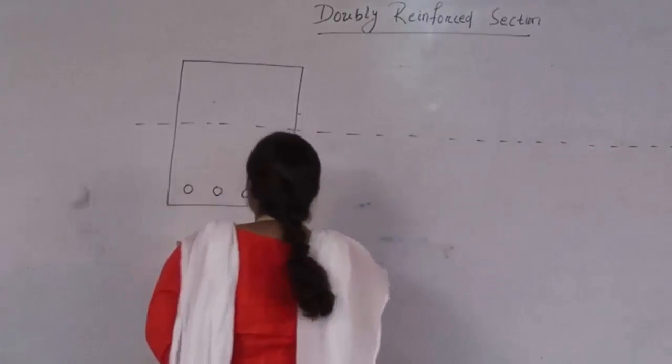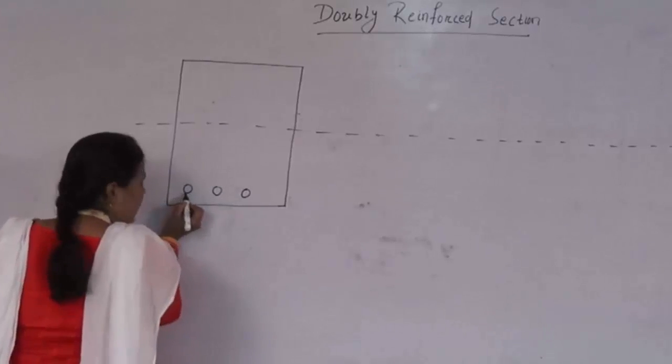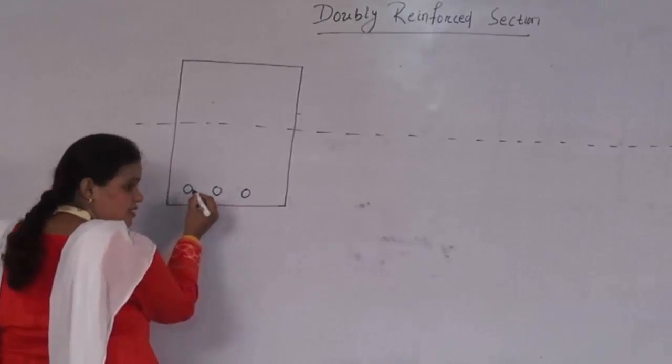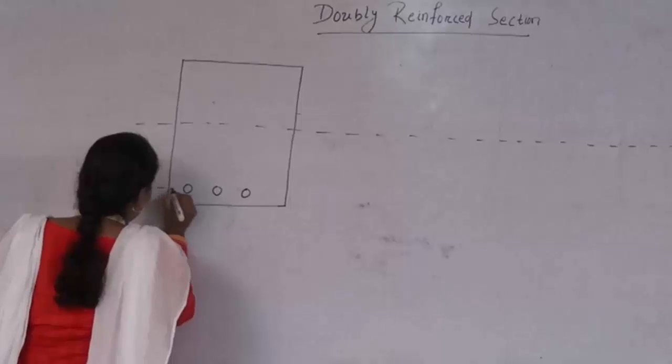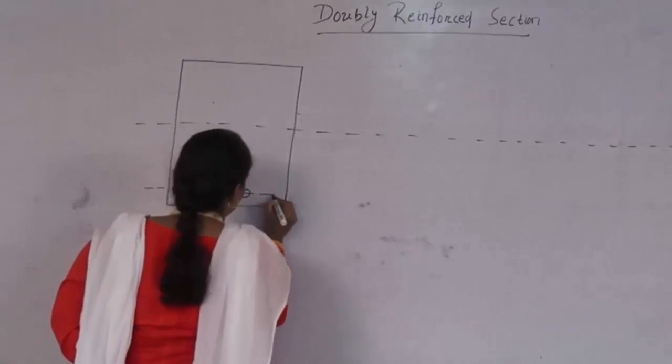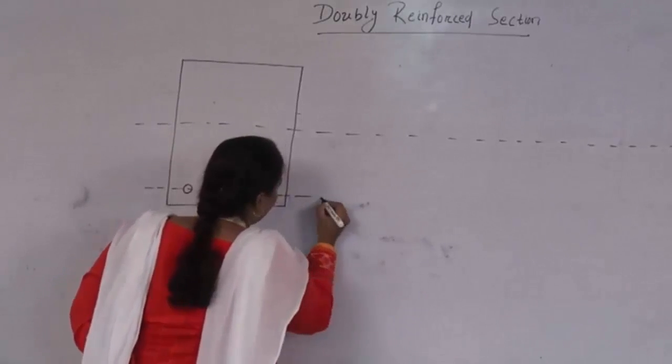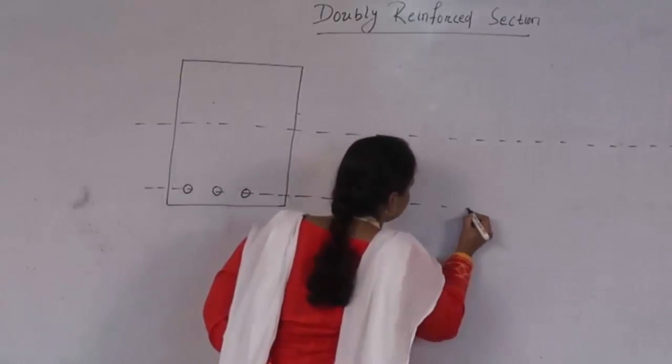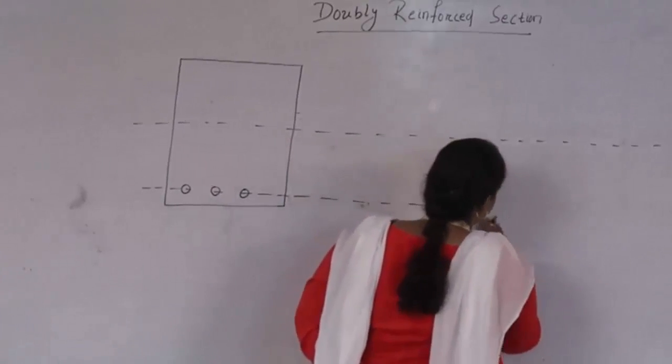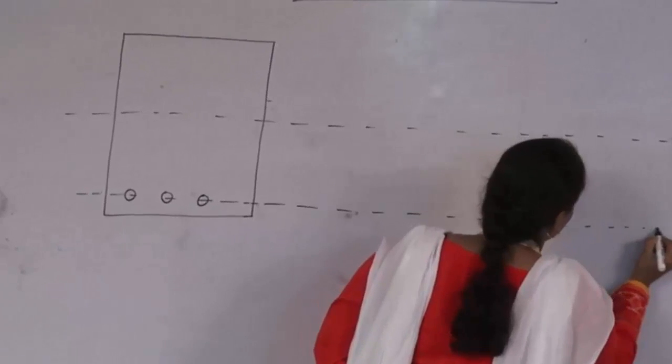Now from this to this is the clear cover, and from this to the CG of the reinforcement is the effective cover. So I have to draw my stress strain diagram from the top compression fiber to the CG of the reinforcement.